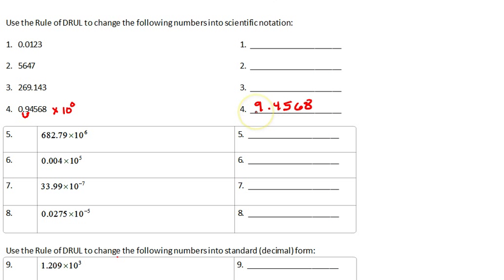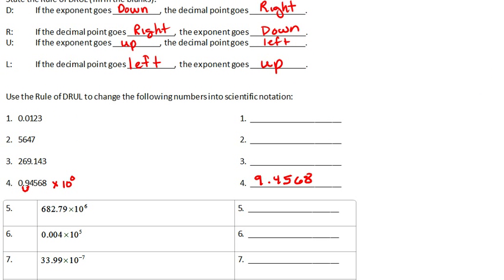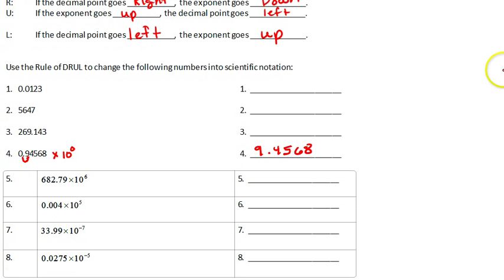That follows the criteria because I only have one digit to the left of my decimal place. I moved it one place to the right. Right means down. Because I moved it one place, I have to take away 1. So I would get times 10 to the negative 1.